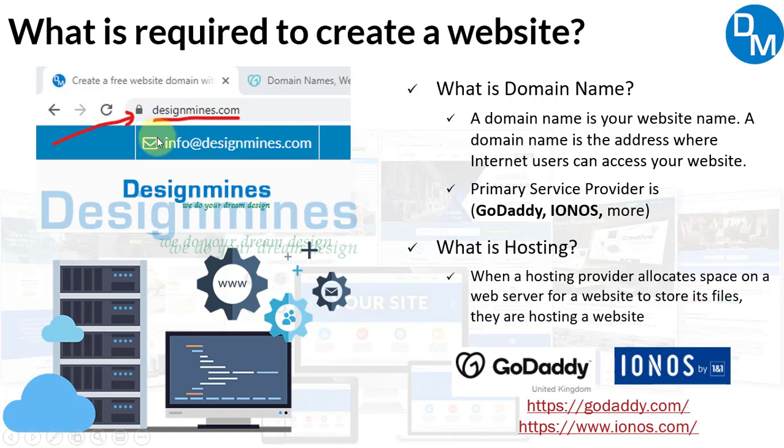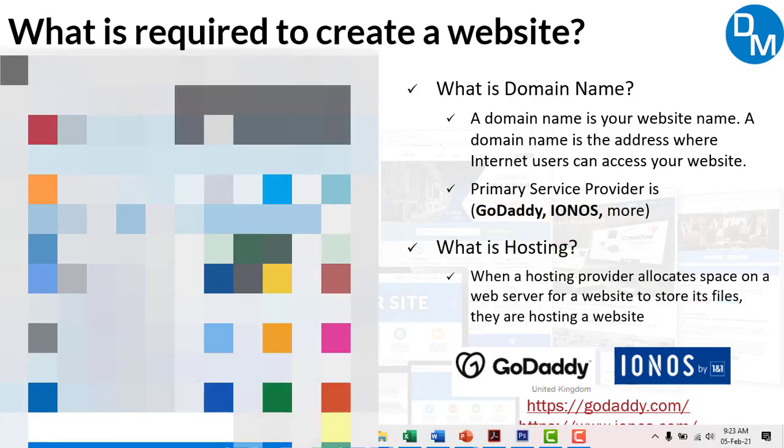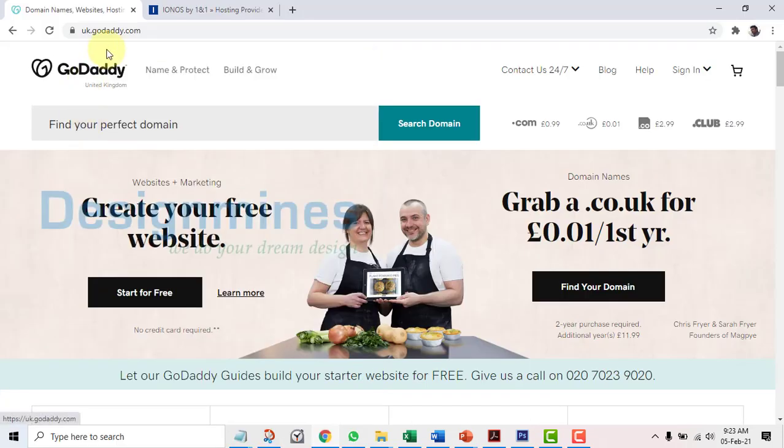So this is called a domain name, the unique name to identify your business on the web. This domain can be registered with many vendors, but the popular service providers are GoDaddy and IONOS. I'll show you GoDaddy. This is the GoDaddy website.